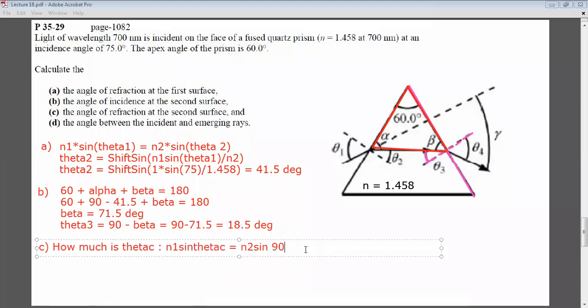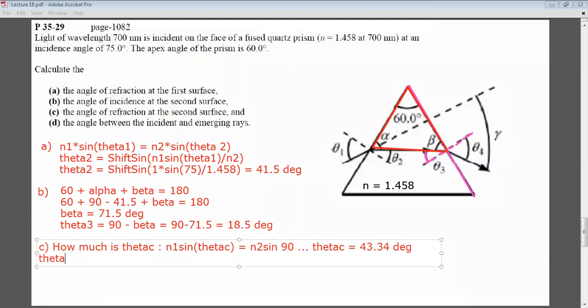Putting in N1 and N2, we find theta critical is equal to 43.34.